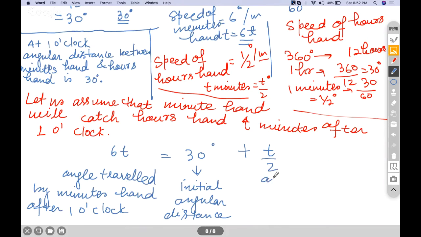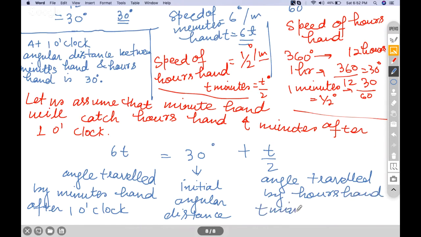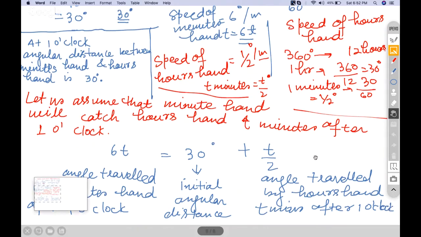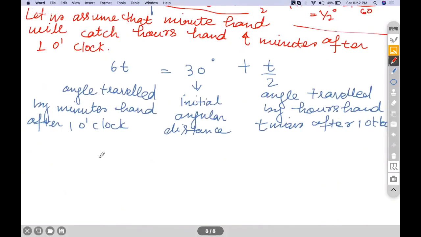This t by 2 is the angle traveled by the hours hand in t minutes after 1 o'clock. So what I get is 6t minus t by 2 is equal to 30 degrees.